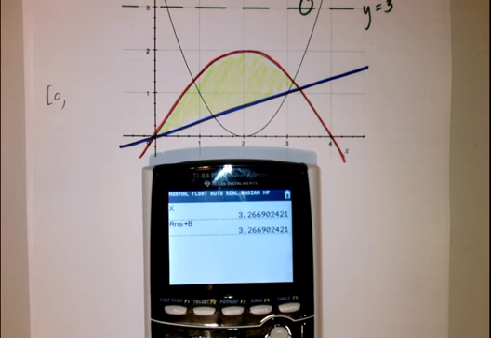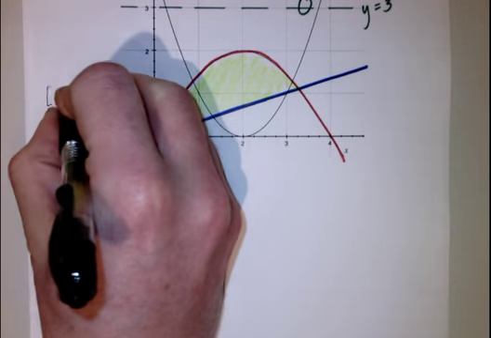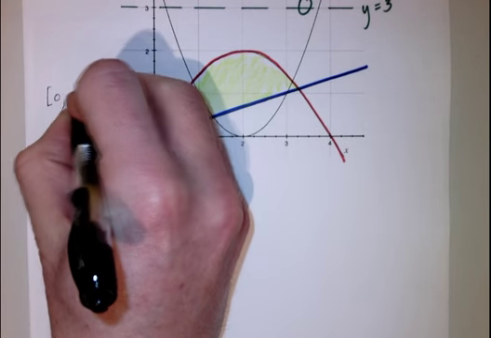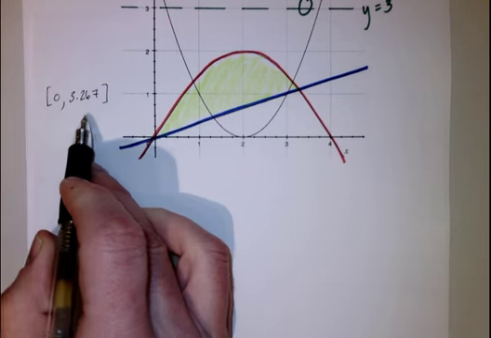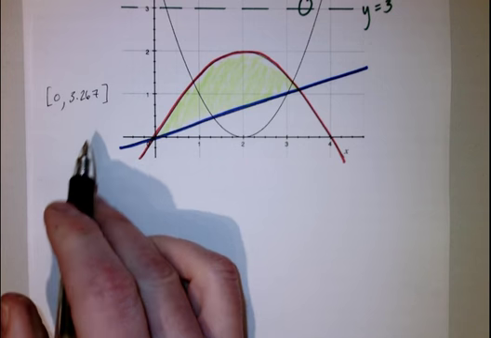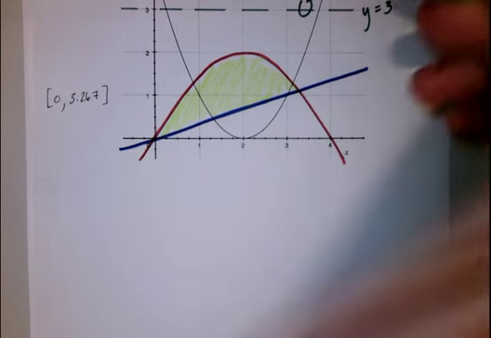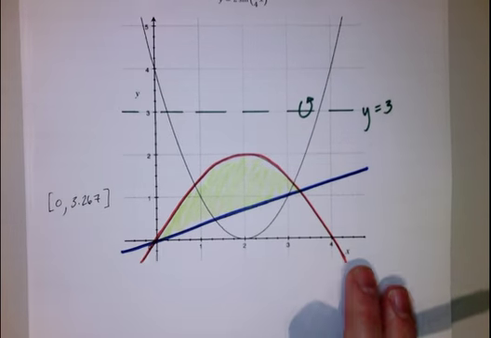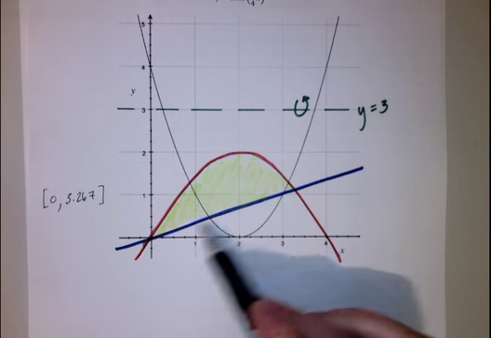Now, when I'm actually writing stuff out and showing my work on the AP exam, I should go ahead and write it out as an approximation, although I should never use that number. I should always use the exact value that I've stored into my calculator. Now, I know that as it revolves around y is equal to 3, the outer shell of that solid of revolution is going to be this linear.